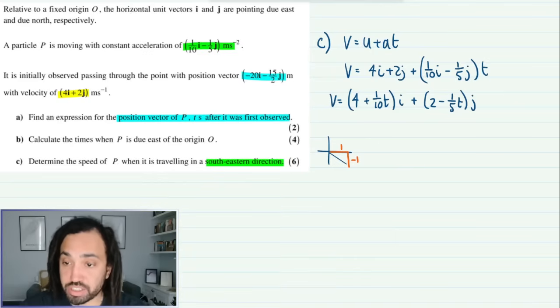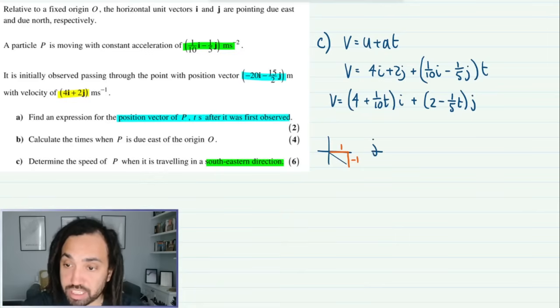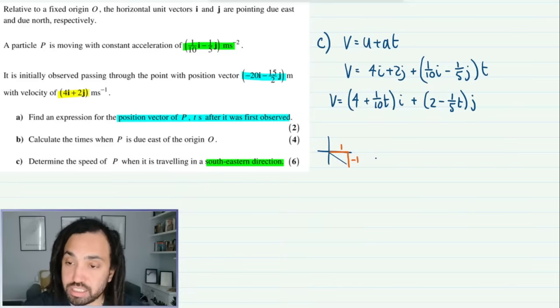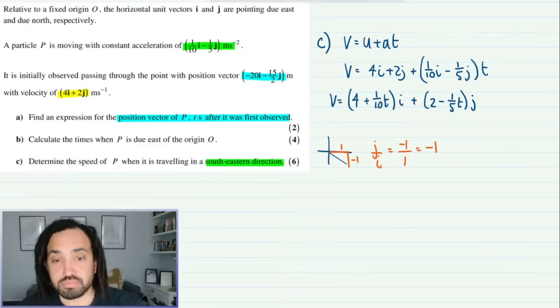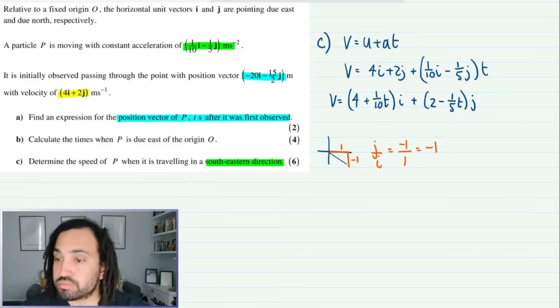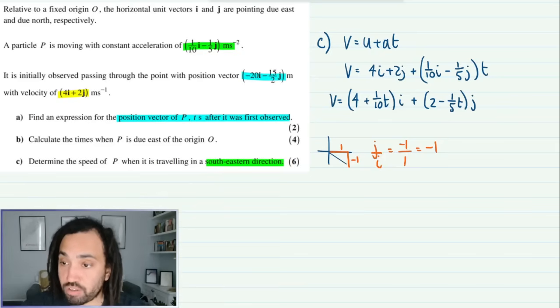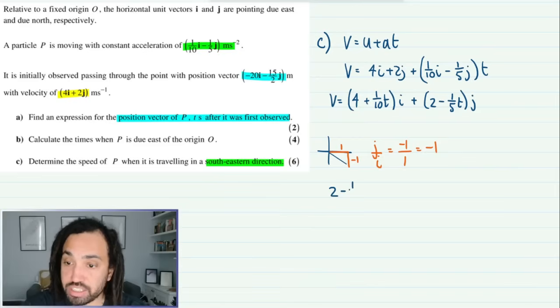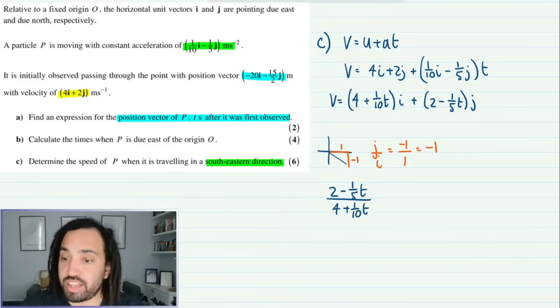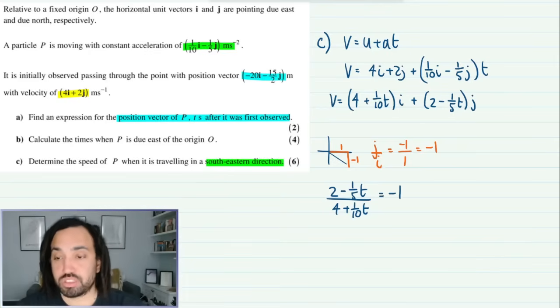That means in this situation, if we're travelling in that direction, the j's divided by the i's will be minus 1 divided by 1, so it'll be minus 1. So let's do that for our velocity equation. The j's divided by the i's should equal minus 1, because it'll be in the same ratio.